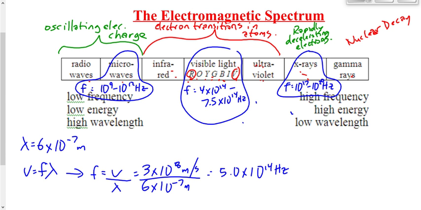A nucleus splits up. Matter is converted to energy in those situations. That energy goes off in the form of gamma rays. Again, ionizing radiation, with more ionizing potential, in fact, than X-rays have.